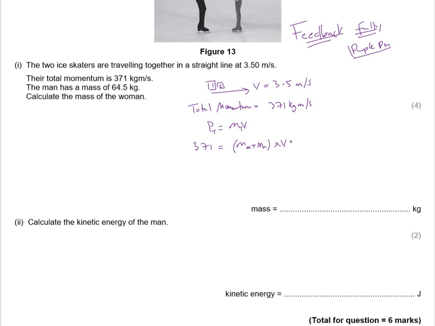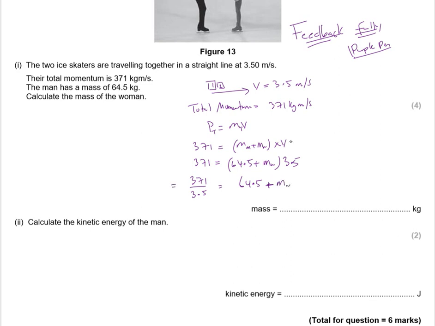Okay. Now the mass of the man, we know, is 64.5 plus the mass of the woman, which we don't know, multiplied by 3.5. So therefore we have 371 divided by 3.5 equal to 64.5 plus the woman.